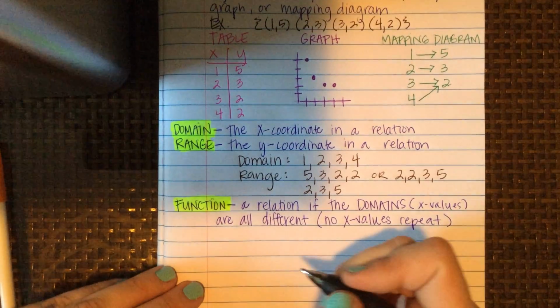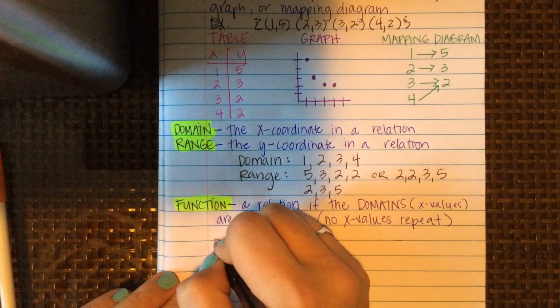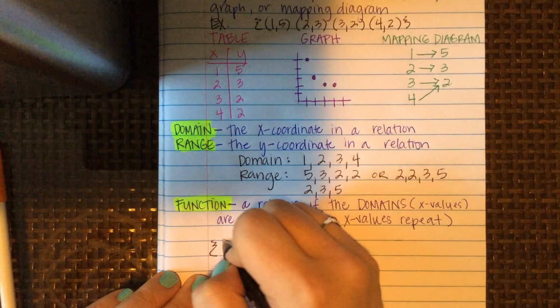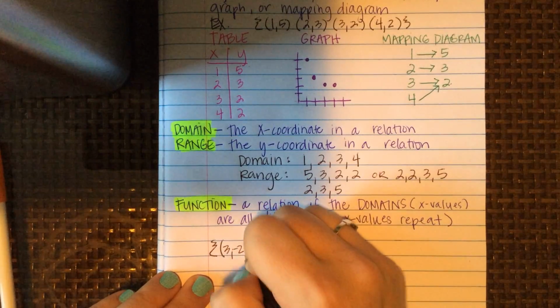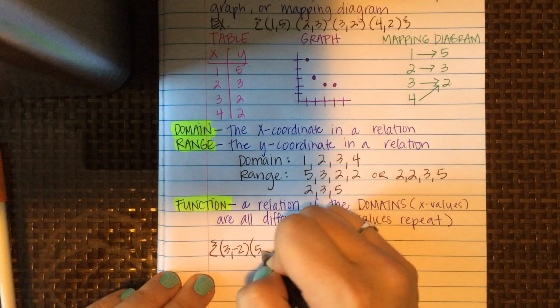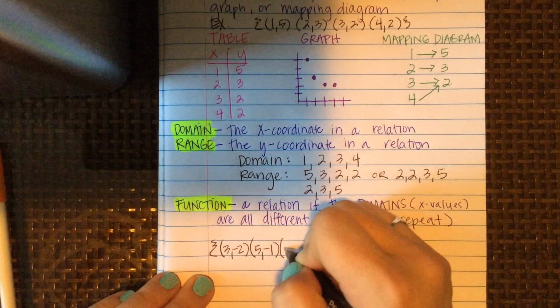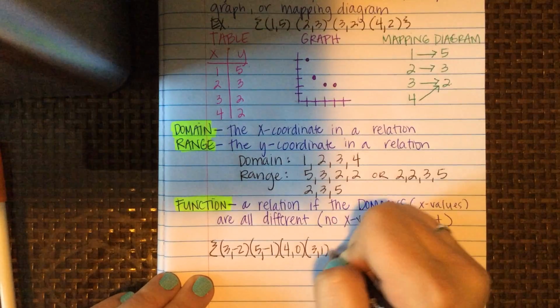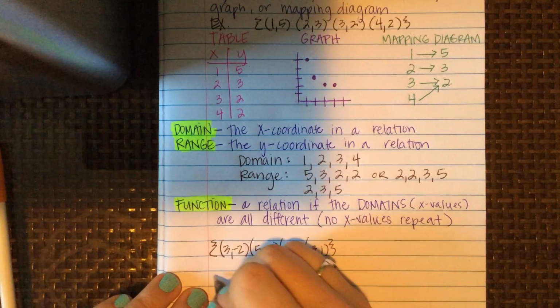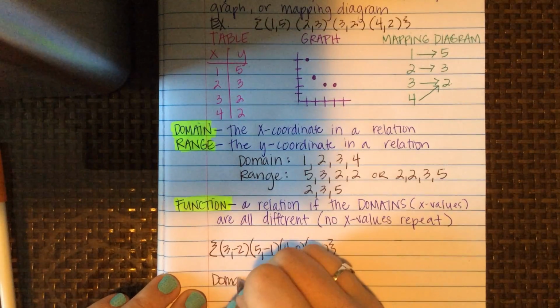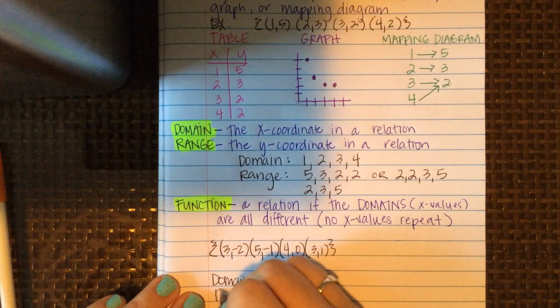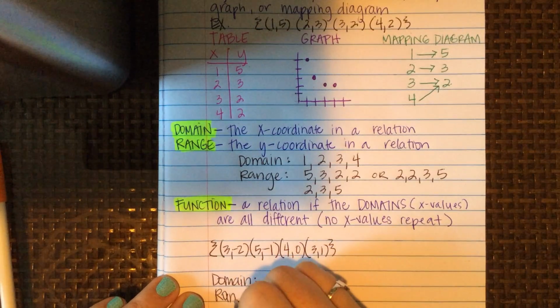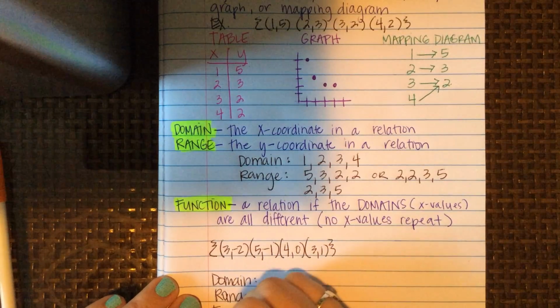So let's do some practice. If I gave you the relation (3, -2), (5, -1), (4, 0), and (3, 1), can you find the domains? Can you find the range? And is it a function?